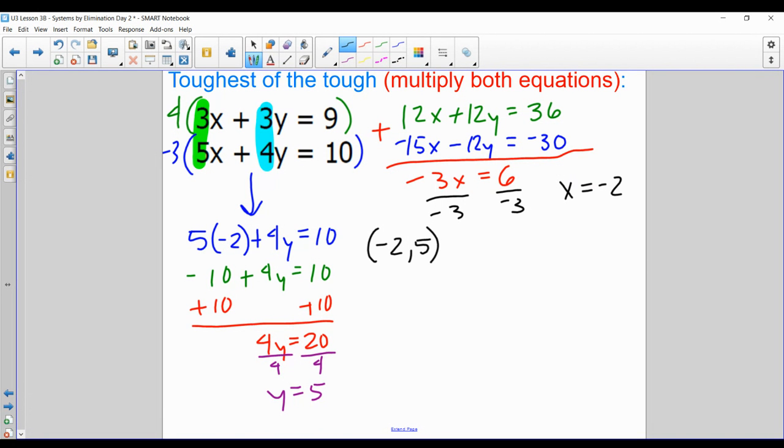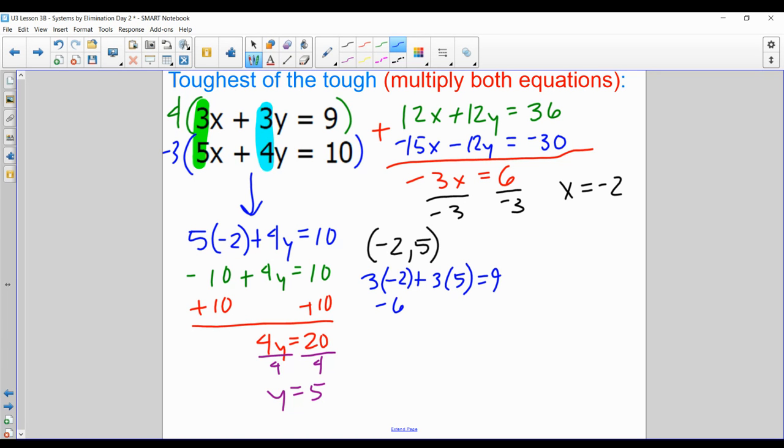The other thing that we should be doing on every single problem, and in the videos I've been saving time by not showing it, is testing. So every single time I should be checking, taking the first equation and saying 3 times -2 plus 3 times 5. I'm just plugging in my answers for x and y into the equations.